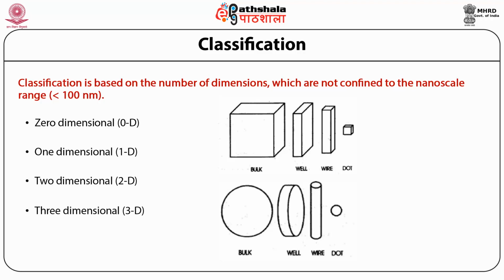Also, embedded structures with rectangular cross-section exist. Confinement effects for electrons may appear in the transverse direction while electrons are free to move in one dimension along the length, which is shown in the figure clearly.